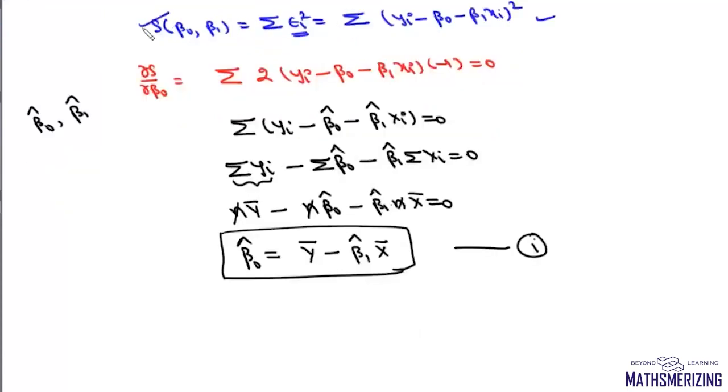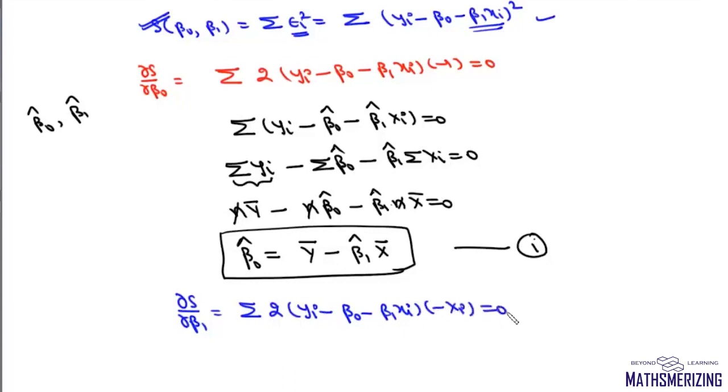Now we'll differentiate this function with respect to beta 1. So we can write del s upon del beta 1 will be this summation, and then again first we'll differentiate this power, will be 2 times yi minus beta naught minus beta 1 xi into derivative of minus beta 1 xi will be minus xi, and will be equal to 0, and our parameters are beta naught cap and beta 1 cap.